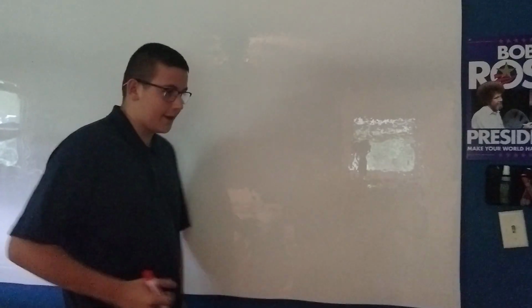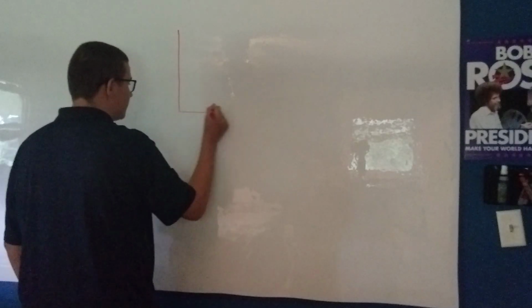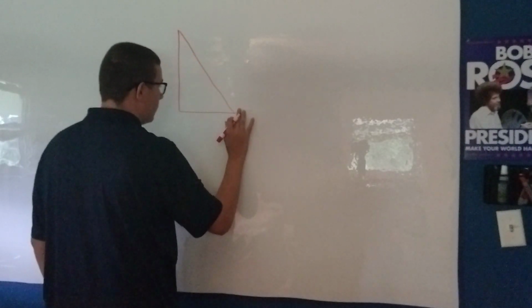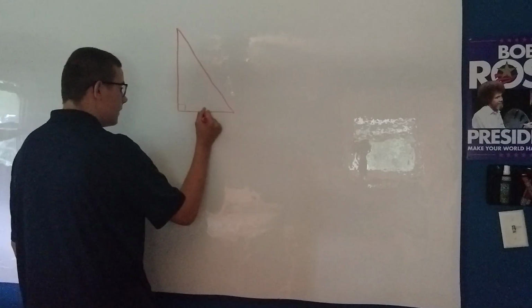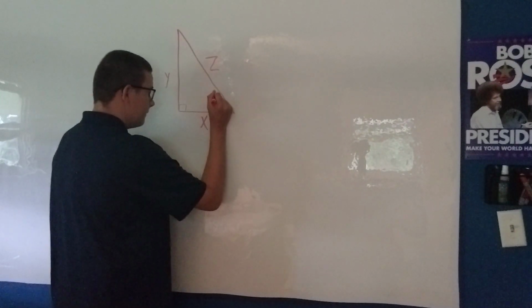But from there, we're going to move on to scale factor. So just like in the previous video where we talked about scaling up a shape, if we have this triangle here, right, call it a 90-degree triangle, and we'll label this X, Y, and Z like that, and then we'll call this theta.